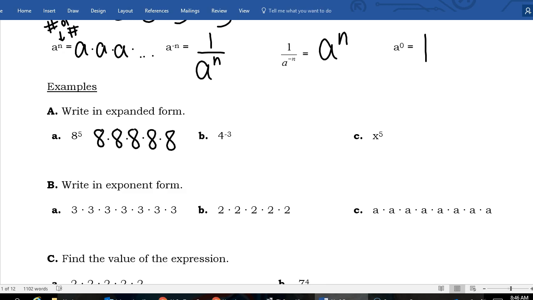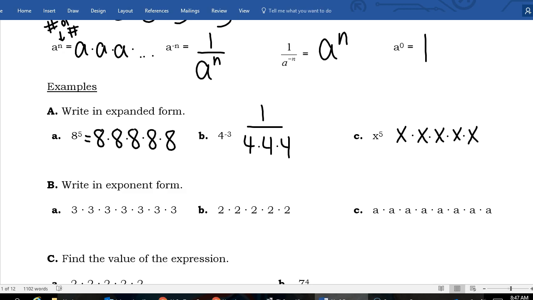We're just showing what 8 to the 5 is really representing. 4 to the negative 3 would be 1 over 4 times 4 times 4. So I would have 3 4s in the denominator because the negative exponent is telling me to technically divide by 4 3 times. And finally, x to the 5th would be 1, 2, 3, 4, 5 x's.